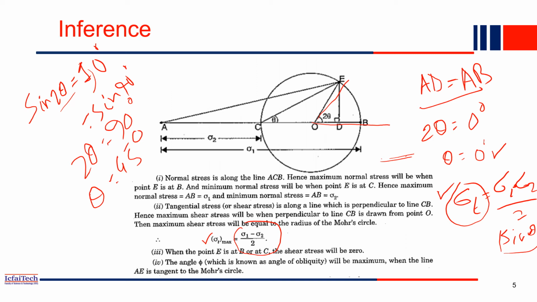So when you have theta equal to 45 degree, imagine a body with two forces acting, maybe P acting in only one direction.